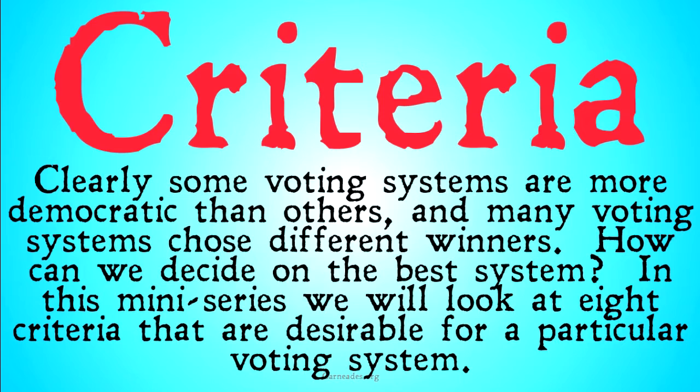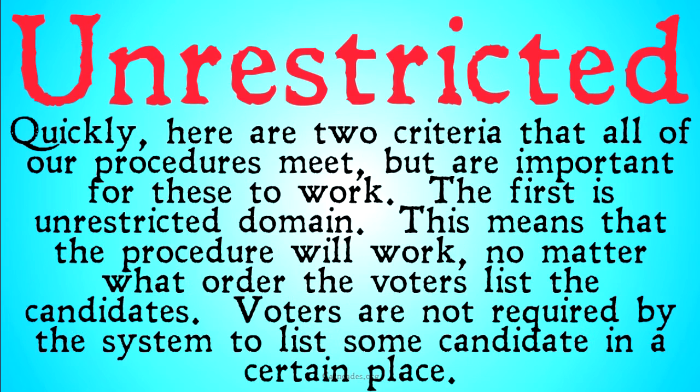In this mini-series, we will look at 8 criteria that are desirable for a particular voting system. 2 in this video, and then 1 in every video following, one each day. The first 2 criteria are going to be pretty quick, but they're important criteria, and they're criteria that all of these procedures meet. The first is called unrestricted domain.